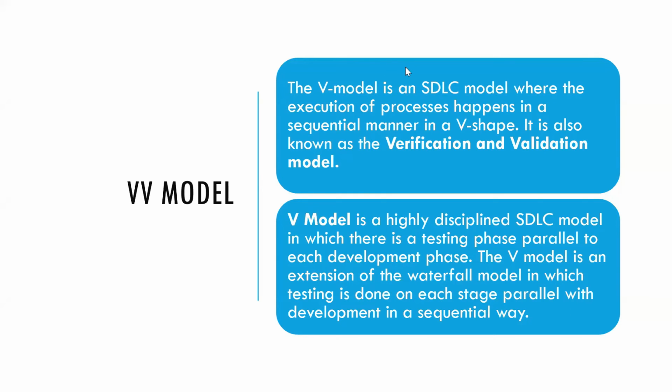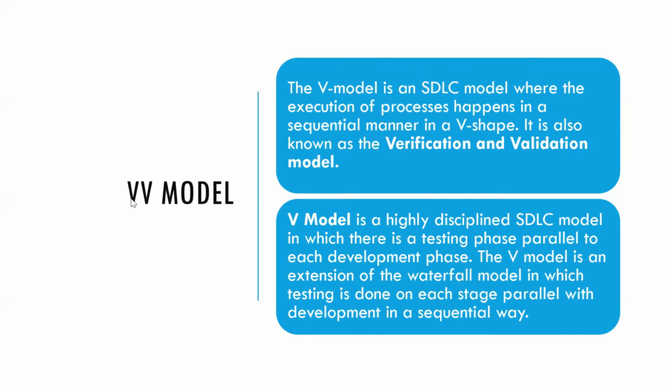The V model is an SDLC model where the execution of processes happens in a sequential manner in a V shape. It is also known as the verification and validation model. So I want you to understand what verification and validation are. We already did it. Verification is static testing. Validation is dynamic testing. So they started with this model called V model. They call it VV.